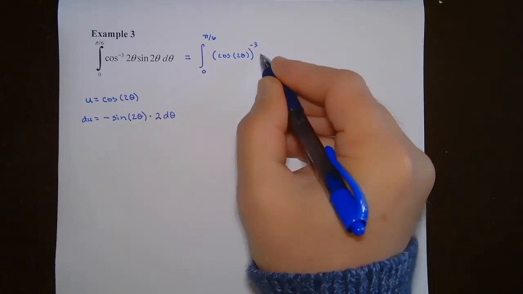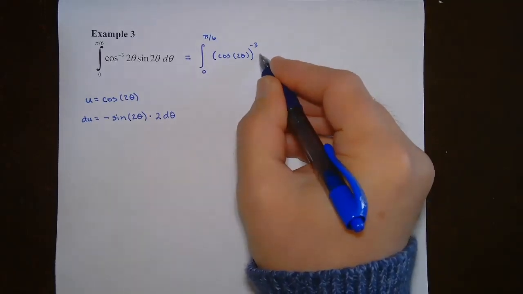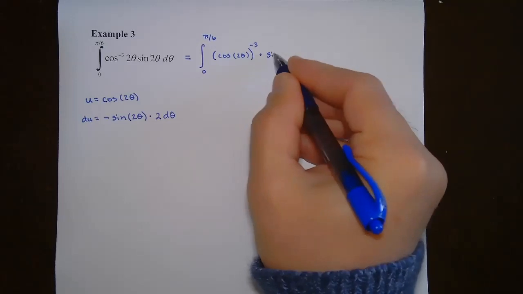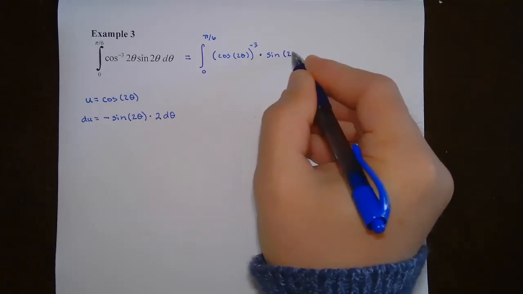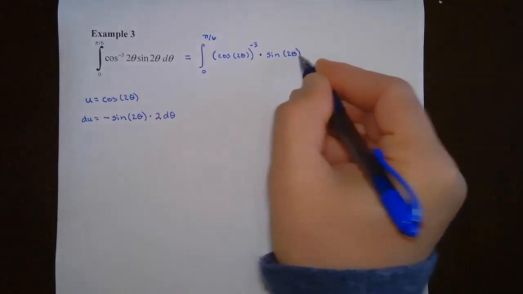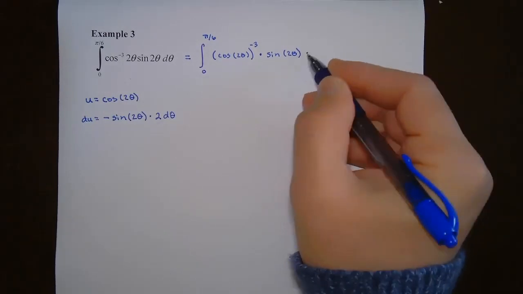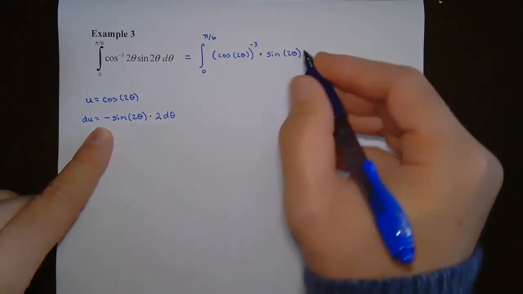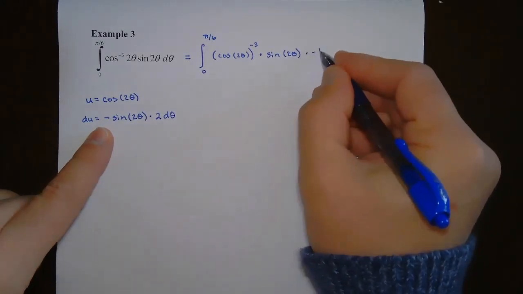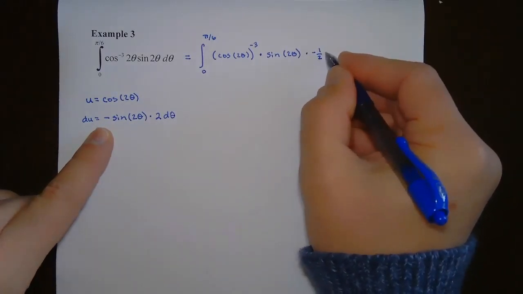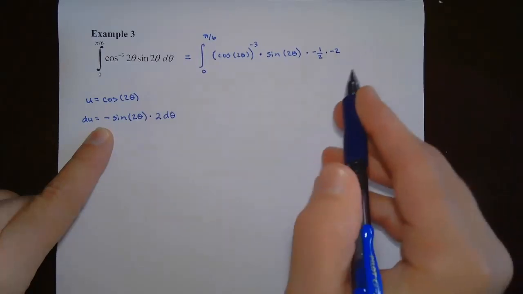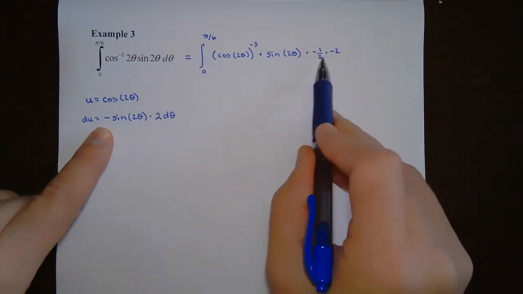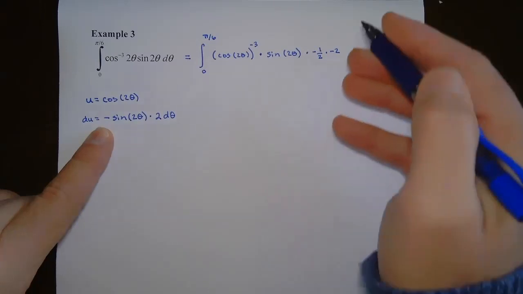And then times, right? Sine of 2 theta. And then times, okay, so I need to pick up a -2, right? So I'm going to multiply by -1/2 times -2, because that will give me, okay, that's really just the number 1, right? And then my d theta.